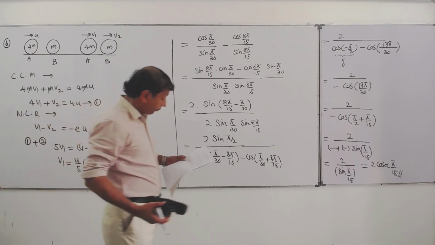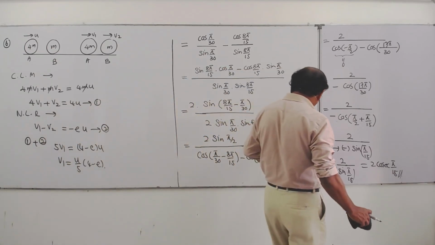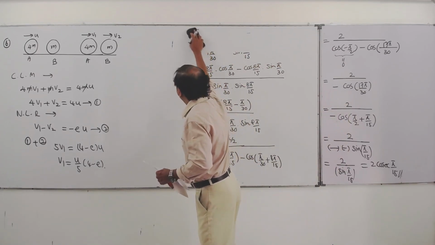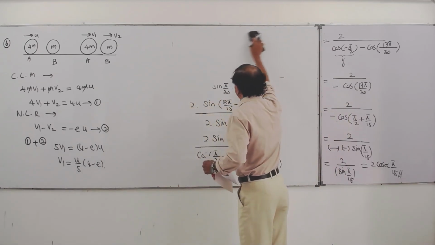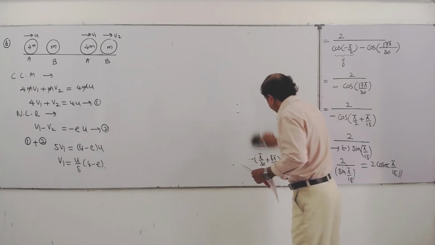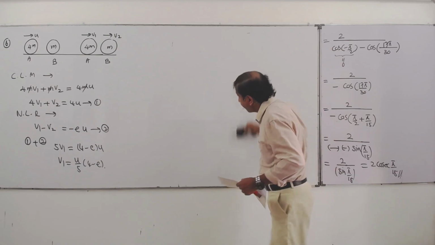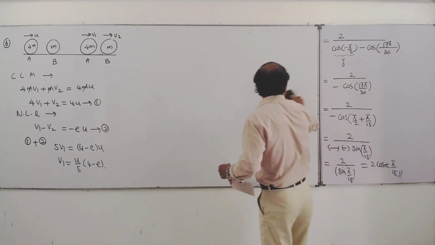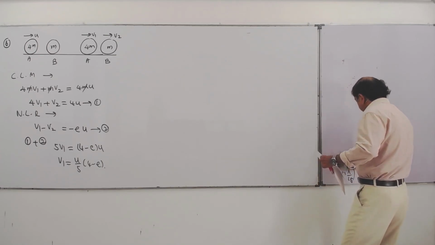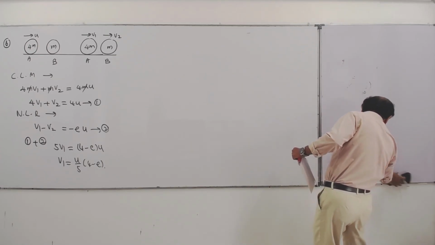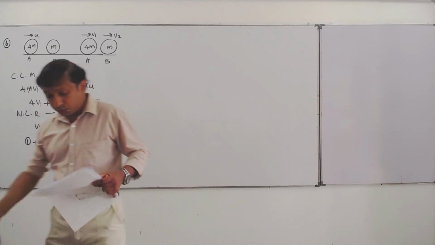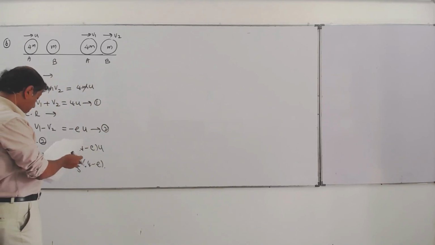Secondly, it is asking, if the speed of B after collision is twice that of A. We are given v2 equals 2 times v1.